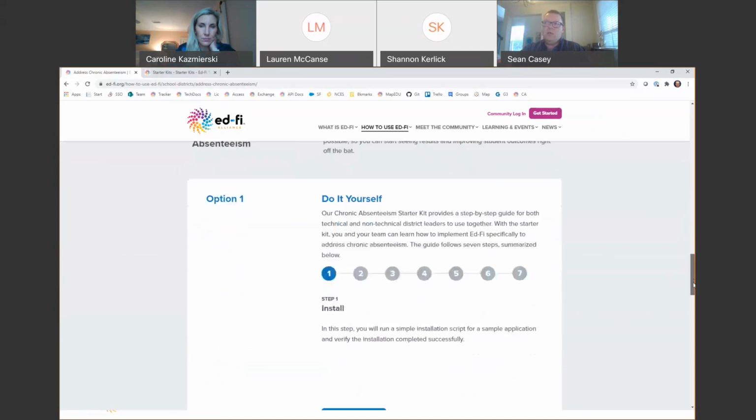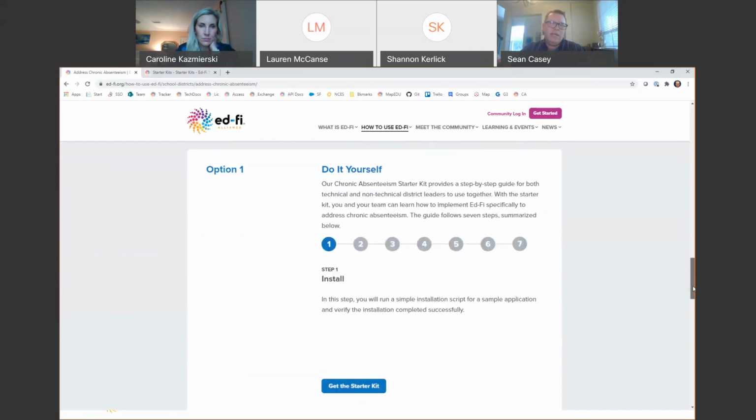And if you are a district that tends to take on a lot of technology initiatives in-house, what we call a do-it-yourself approach, then what you see here is this kind of slider bar approach that just gives you an overview of what you're taking on. So you start by installing this very straightforward sample application with sample data that I mentioned earlier.